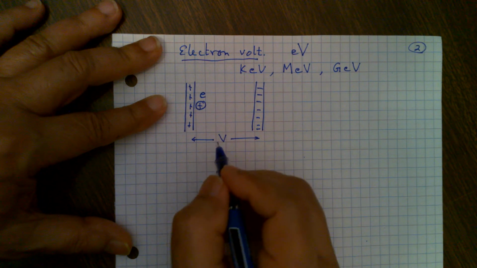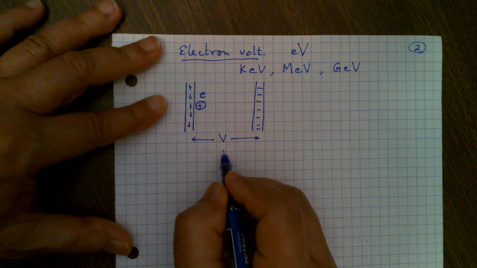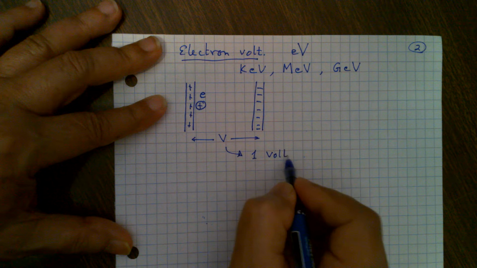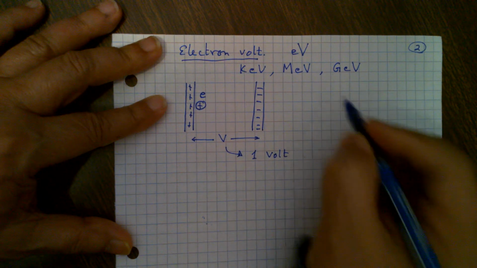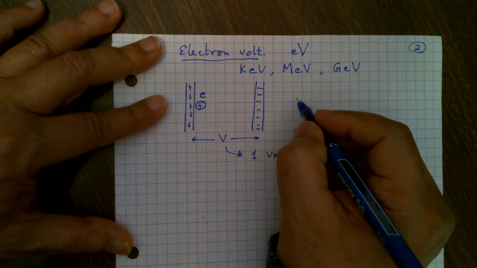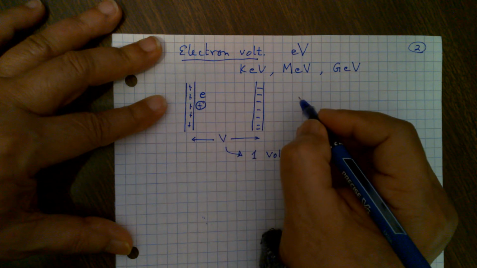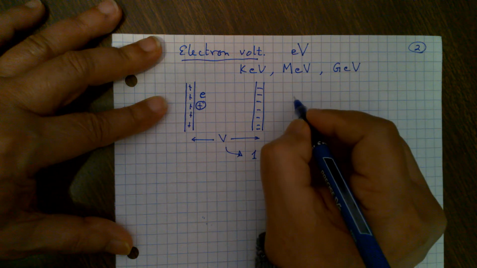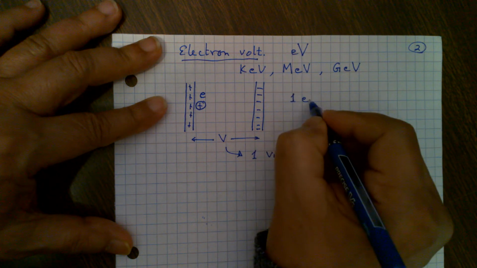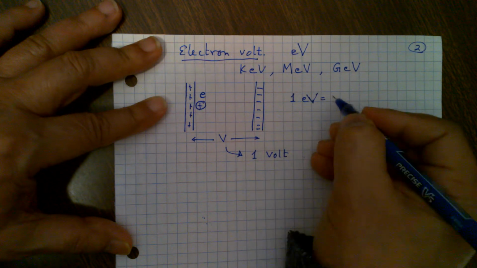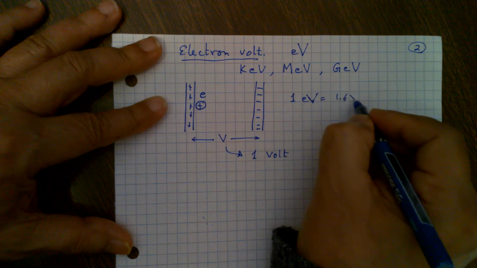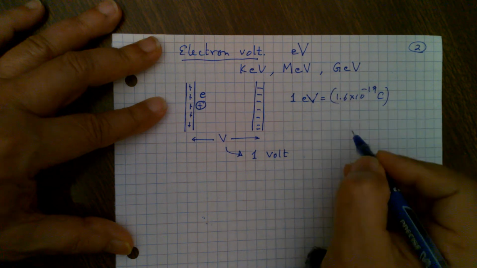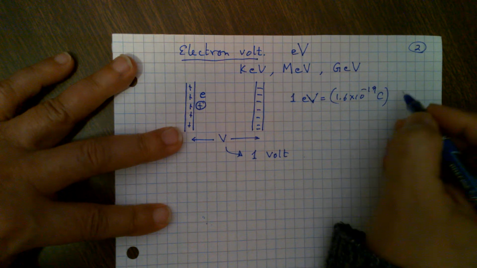So if I make the potential difference V equal to 1 volt, then the work done on that electric charge will be equal to 1 electron volt. So 1 electron volt is equal to 1.6 times 10 to the power minus 19 coulomb, that's the charge, times 1 volt.